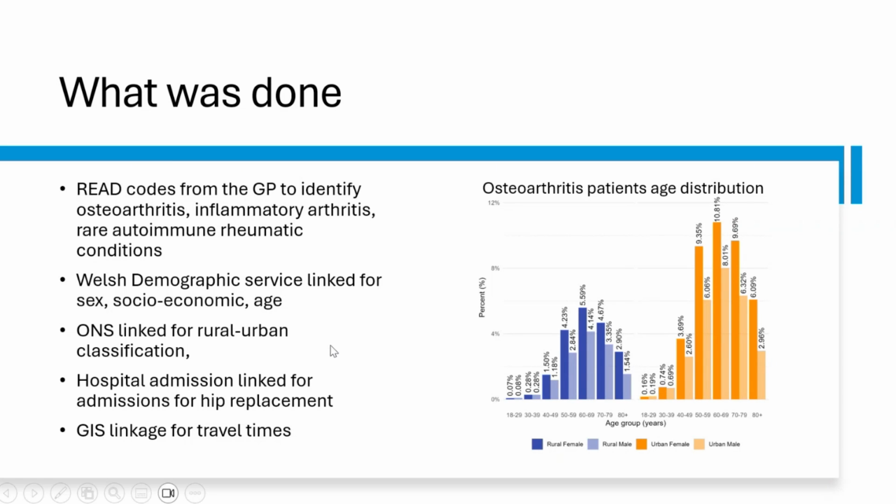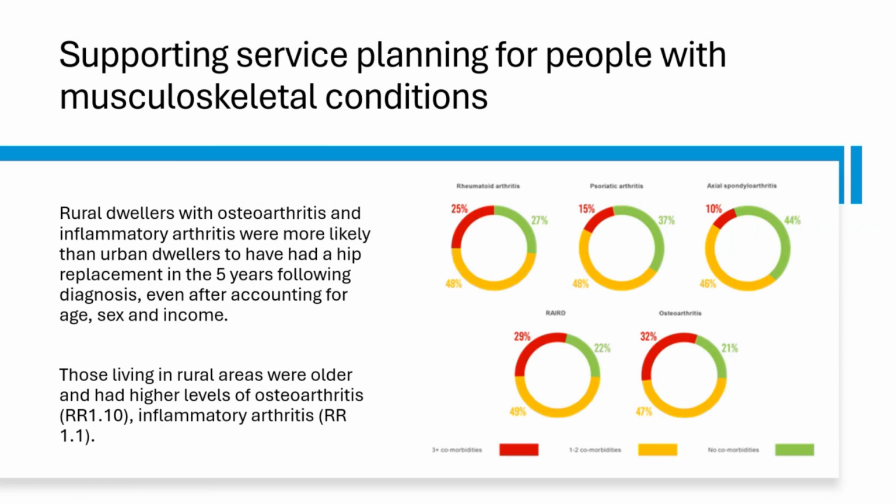So my clicking isn't working very well here. Rural dwellers with osteoarthritis were more likely than urban dwellers to have needed a hip replacement in 5 years following their diagnosis. And that was even after accounting for age, sex, and income. They were generally older when they lived in rural areas.